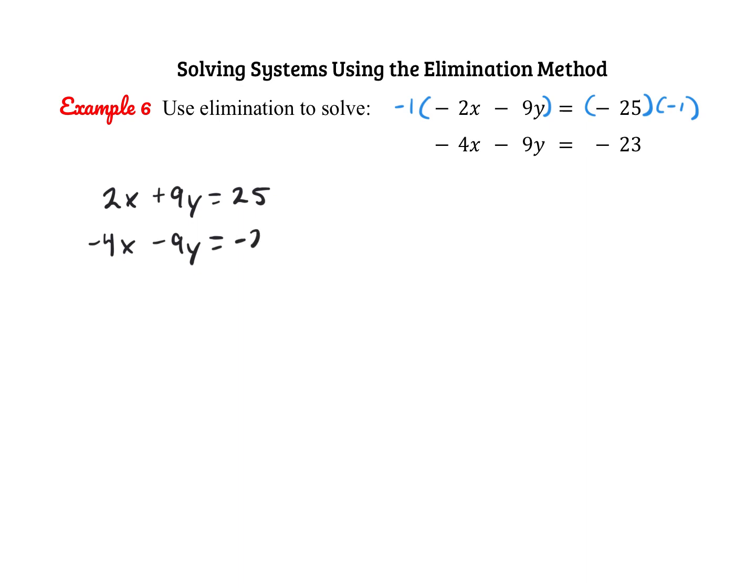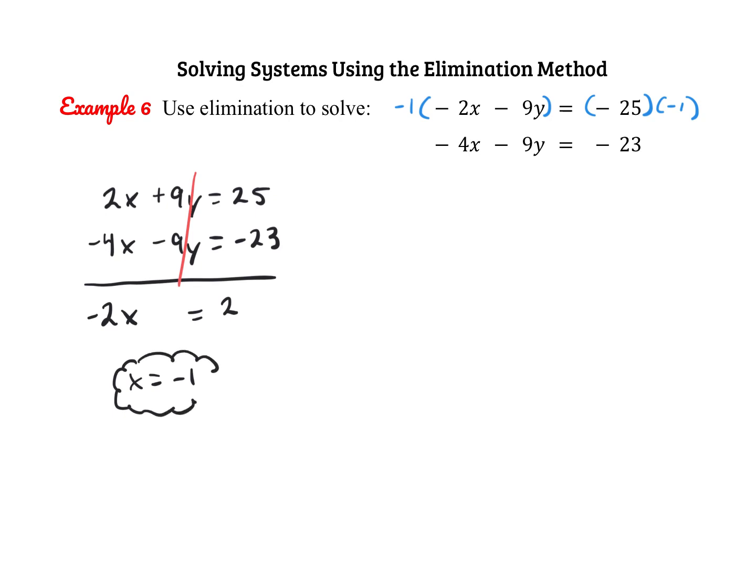And then you can see if I add vertically, we get negative 2x, and then the y's eliminate, they disappear. And then we have equals 2, and that allows me to finish solving for my other variable. So x equals negative 1. And then just like with the substitution method, once you have one variable, you can go back and substitute it into either equation to find the other.